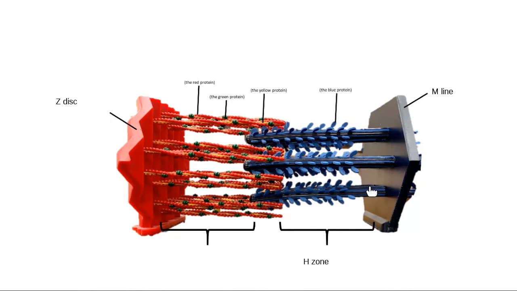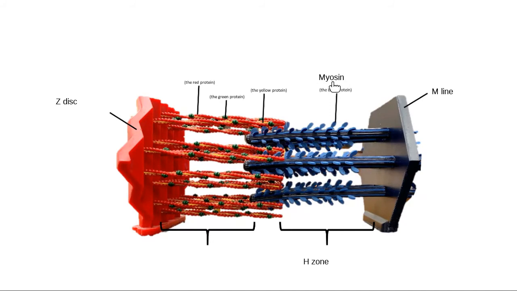And notice this sarcomere is relaxed now because I've got a really big H zone. I've got a lot of space where there's only these thick filaments here that we see in blue. These thick filaments, by the way, their name is myosin. So my blue protein that makes up these thick filaments is called myosin.